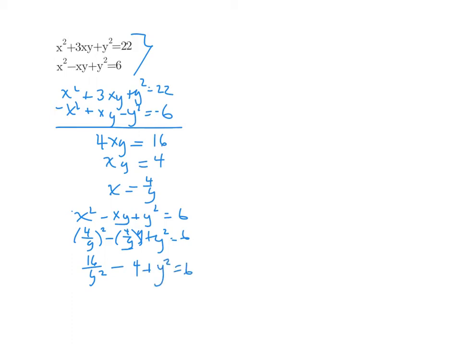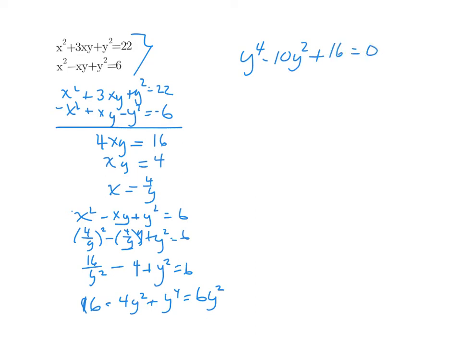And remember our little process, when we have an extra denominator, we multiply through by that denominator, so multiply through by the y squared, and we get 16 minus 4y squared plus y to the fourth equals 6y squared. Clean that up a little bit, and we have y to the fourth minus 10y squared plus 16 equals 0.